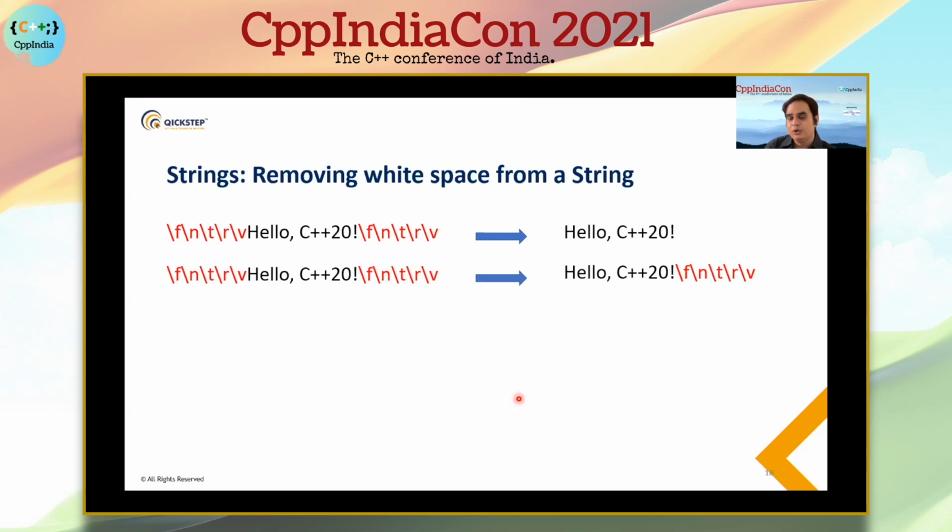Now what else can I do? If somehow I can remove the white spaces which are at the end of the string, I mean basically the second part of the string, right? Now imagine, if you want to do that, how will you do it?